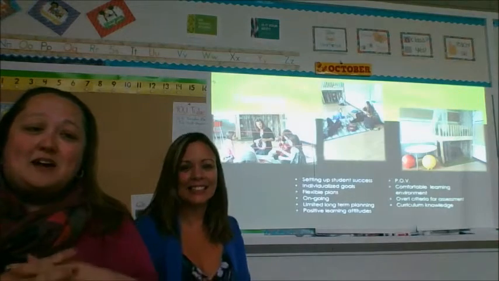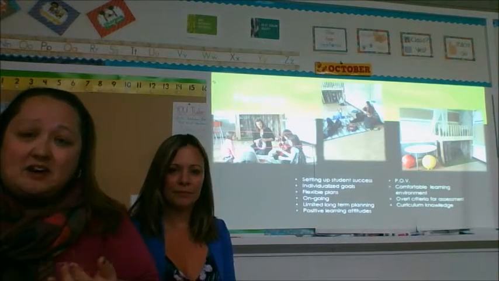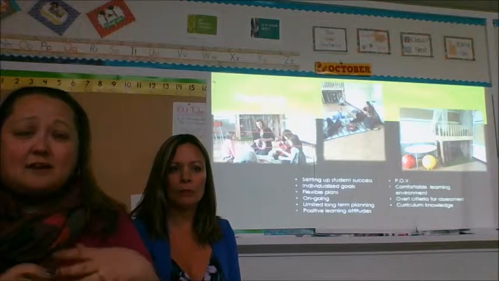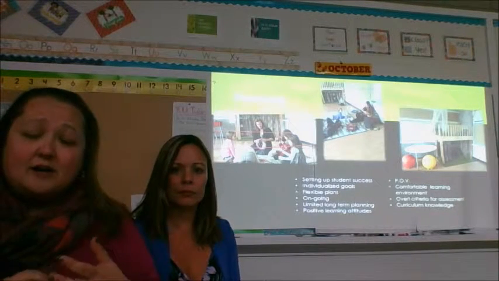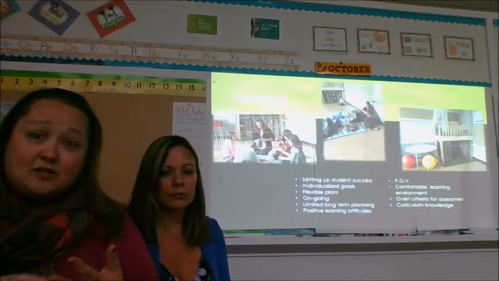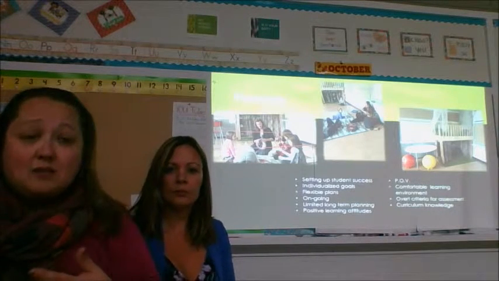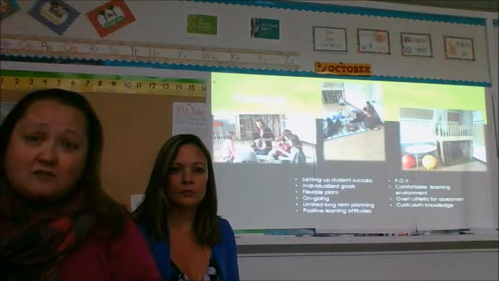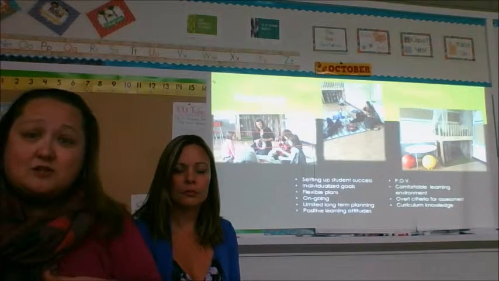This was how we set up our classroom. We wanted it to look inviting, we wanted it to look exciting, and to have various places for the students to do their work. Those who wanted to sit at a desk, on a ball, or on a chair were welcome to do so, but they were also welcome to sit in smaller spaces, for example, under the loft or on top of the loft to do some of their work.